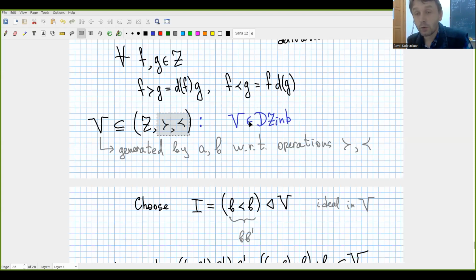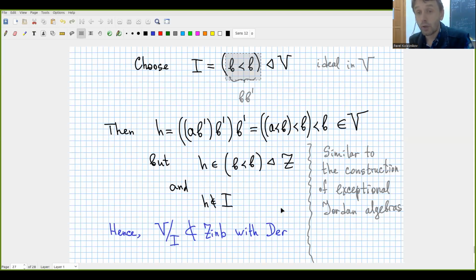And then it is more or less straightforward to show that the following element, which actually belongs to V because it can be expressed in this form, also belongs to the ideal generated in Z, in the Zinbiel algebra, not derived but the initial Zinbiel algebra, but it doesn't belong to the ideal I, which was generated in V. So the idea is very similar to what was done for constructing an exceptional Jordan algebra, which is a homomorphic image of a special Jordan algebra.